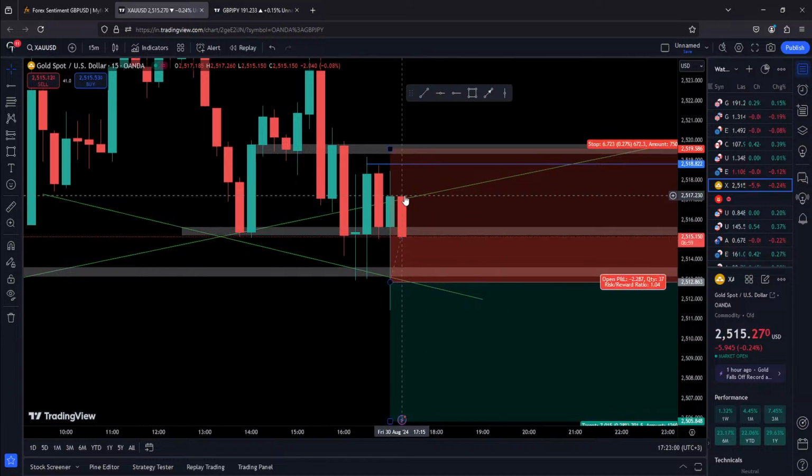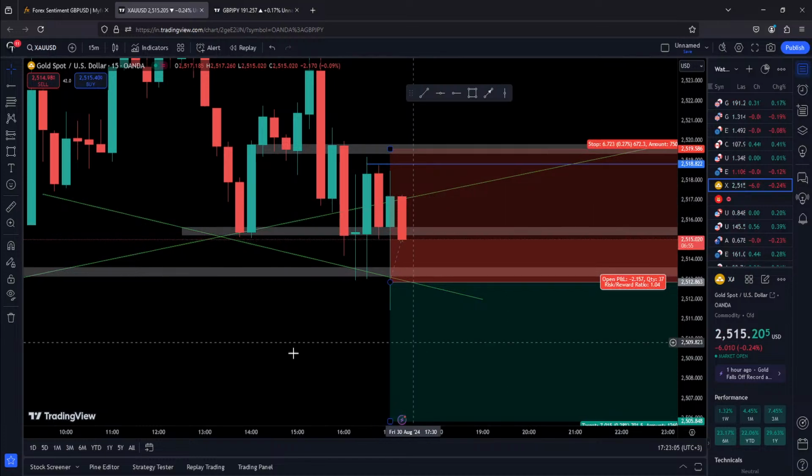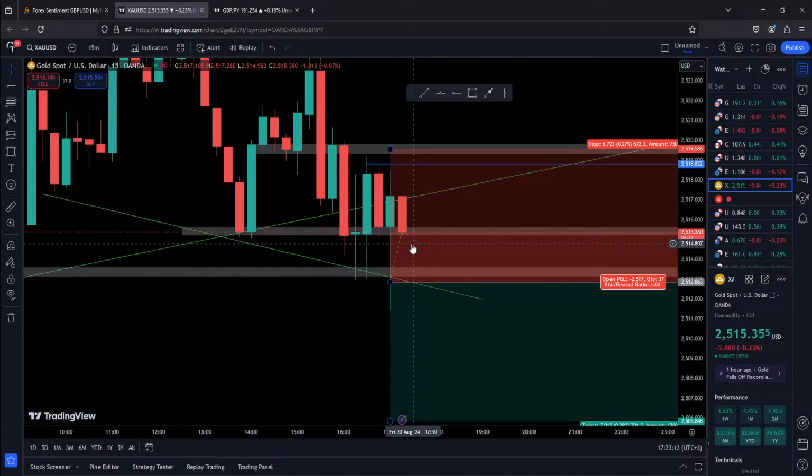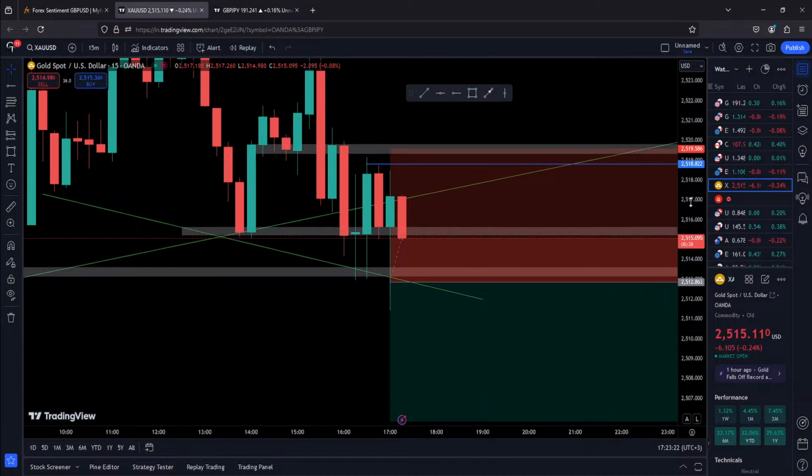So as we can see currently, the 15-minute candle is pushing the price down and it's breaking its own low. But it's really difficult to push the price down from here, but let's see how it goes.